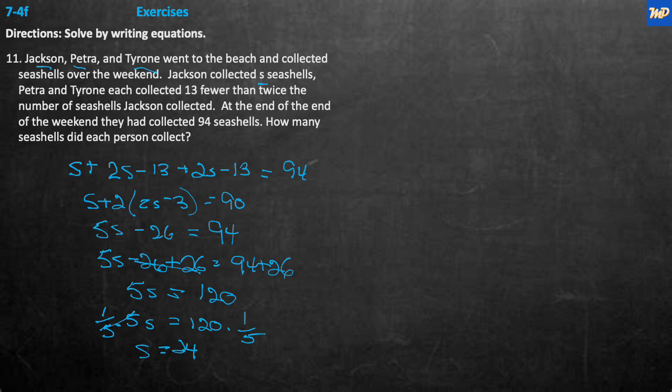And so Jackson had 24. Petra and Tyrone had 2 times 24, right, minus 13. So 2 times 24 is 48. Minus 13. 48 minus 13 is 35.